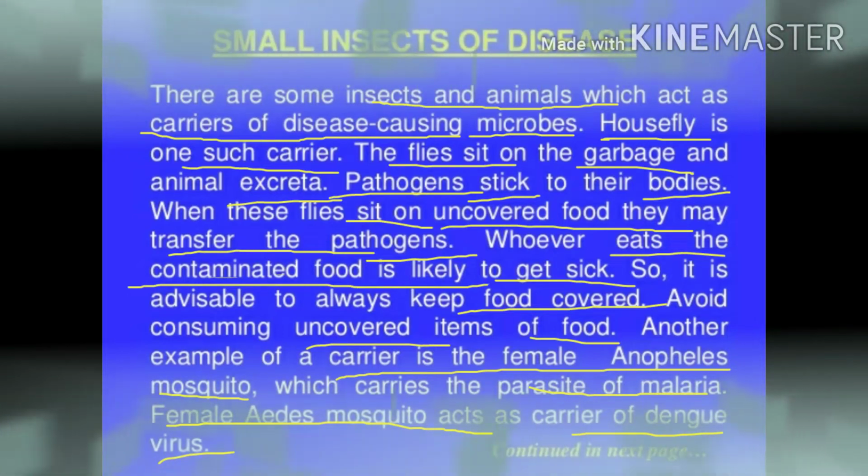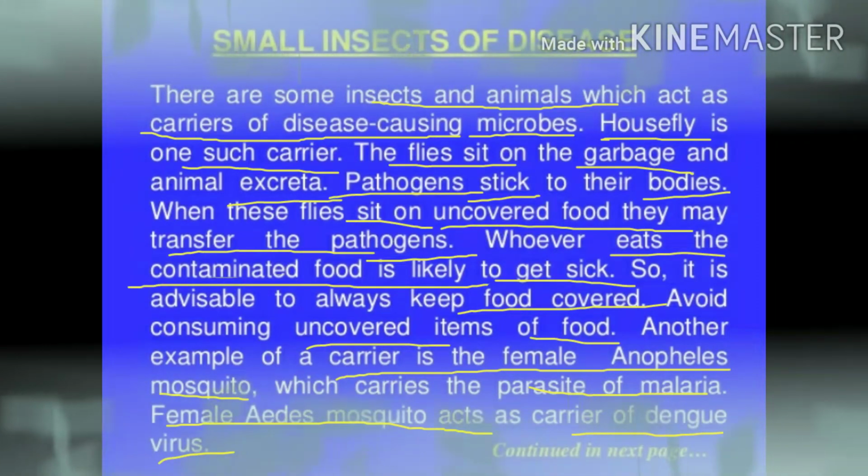Then when the flies sit on the uncovered food, that food is eaten by different people, and the pathogens will enter their bodies, and whoever eats that contaminated food is likely to get sick. Because of that, houseflies act as one of the disease carriers.